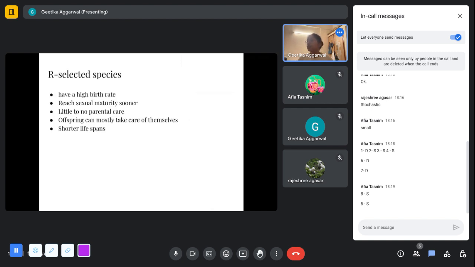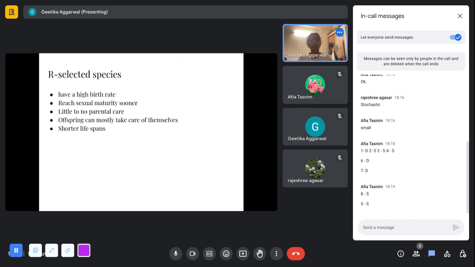Okay, moving on. So I was going to ask you what are R selected species, but okay. So R selected species are species that have a high birth rate, which means that at a time when they are reproducing, they have a large number of offsprings.